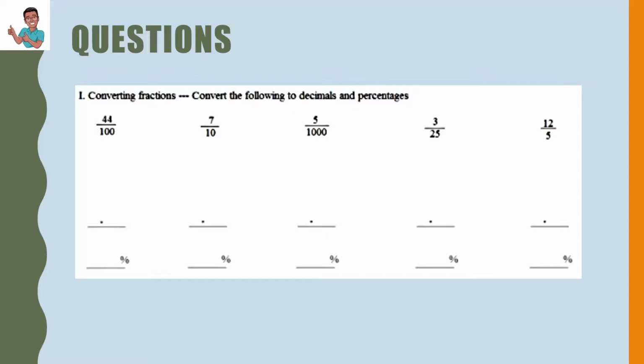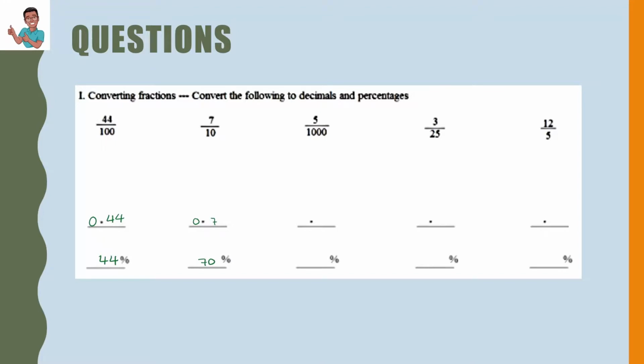Let's have a look at our answers. For the first fraction, 44 over 100, as seen in our example before, the answer should be 0.44 and 44%. For 7 over 10, the decimal would be 0.7 and the percentage would be 70.